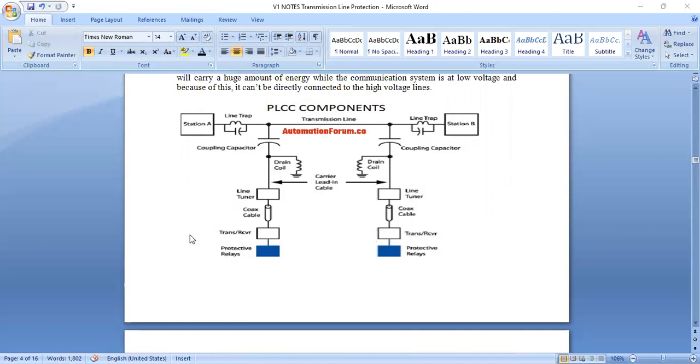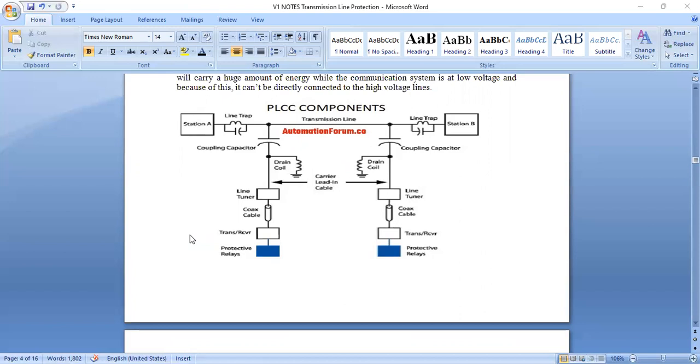The PLCC line is connected, and the PLCC frequency is about 100 Hz to 450 Hz, and any frequency can be selected according to the design of the equipment. Any two wires, that means RY phase, YB phase or BR phase, minimum two phases are used for communication.